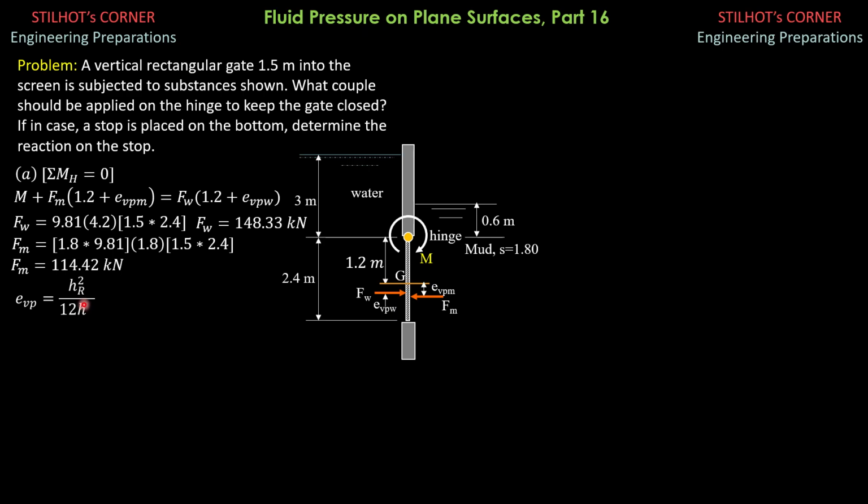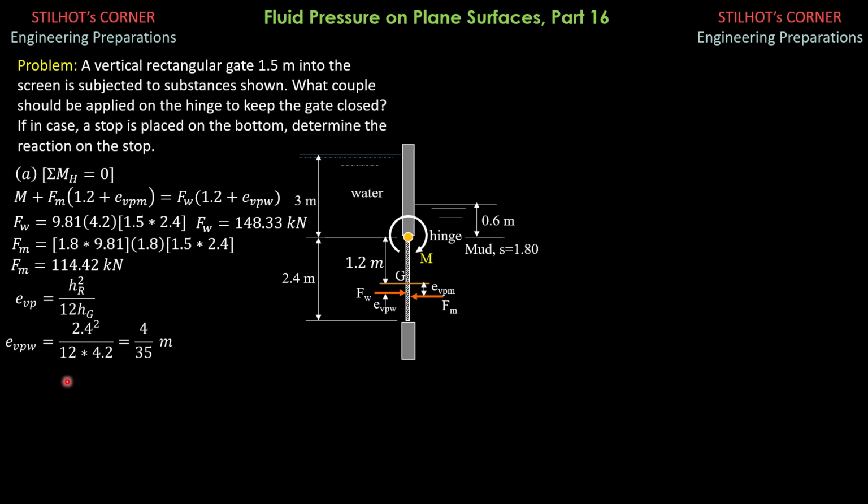And that formula was also derived in the first part of the playlist Fluid Mechanics and Hydraulics, and in the preceding videos also I explained that. So e sub VPW is 2.4 squared over 12 times h_G of water 4.2, and it is equal to 4 over 35 meter.